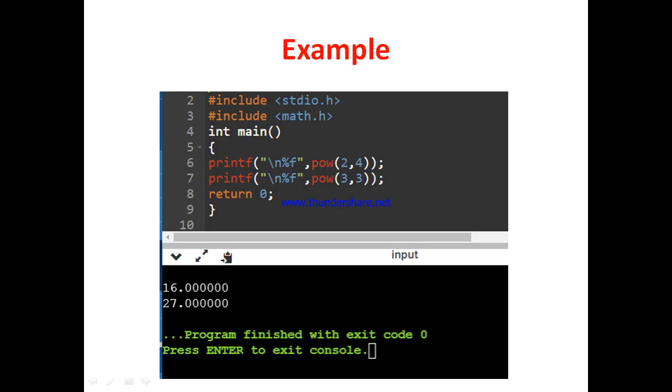Now let us see the example. Here we have written pow(2, 4) and pow(3, 3). So 2 raised to 4 means the fourth power of 2, which is 16. And here 3 raised to 3, the cube of 3, is 27. So this is used for calculating the power.